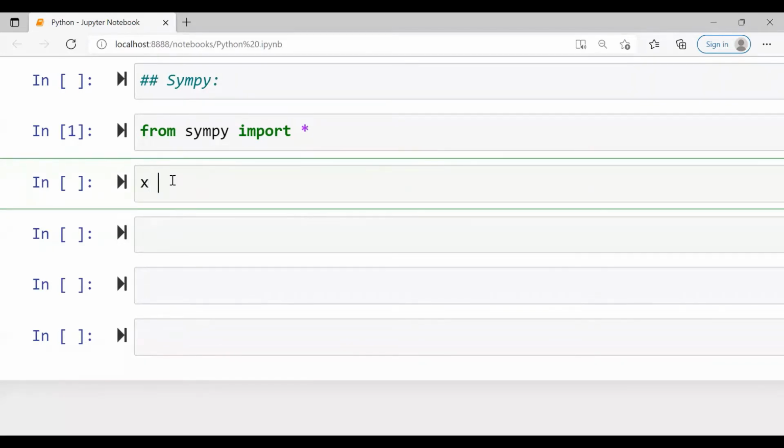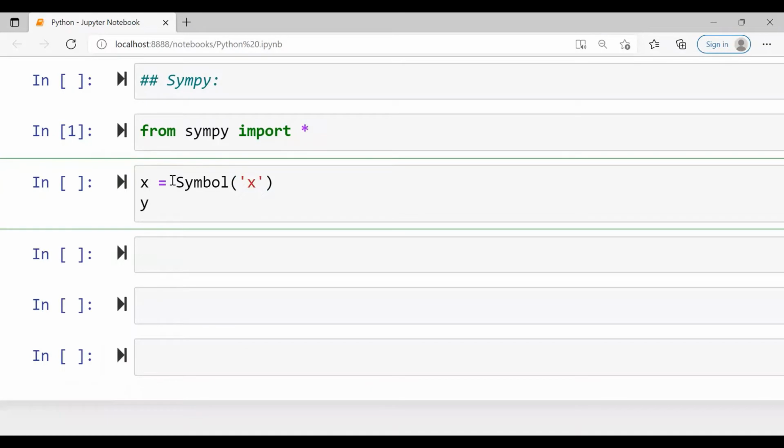For that, you have to declare x and y as symbolic variables, using the method Symbol of x. Similarly, you can take another variable and declare it as a symbol. So we are considering x and y as symbols, and we are calling it with the Symbol method. Y.